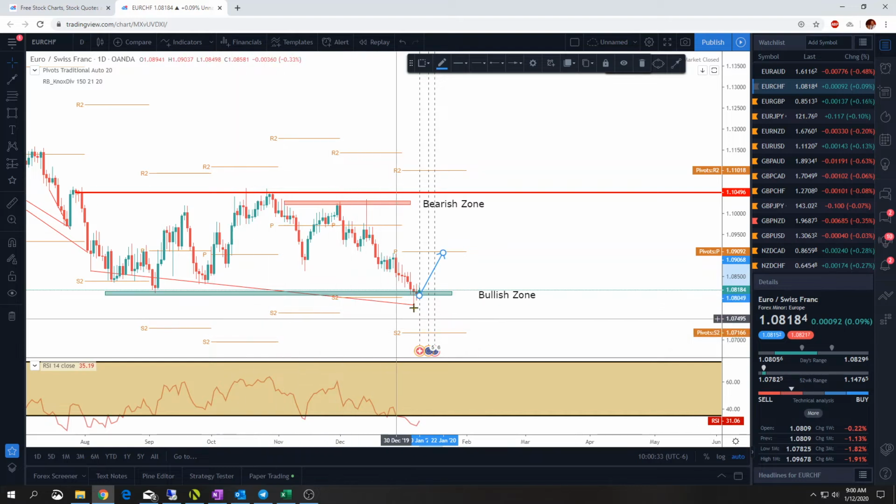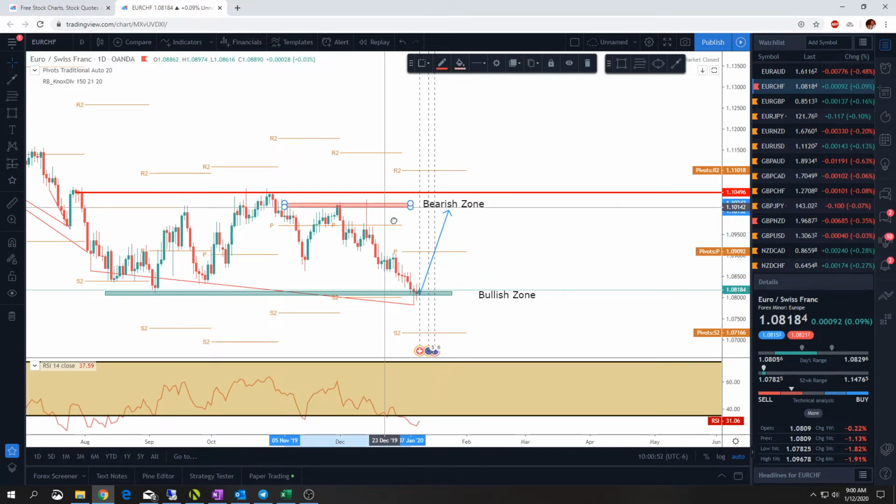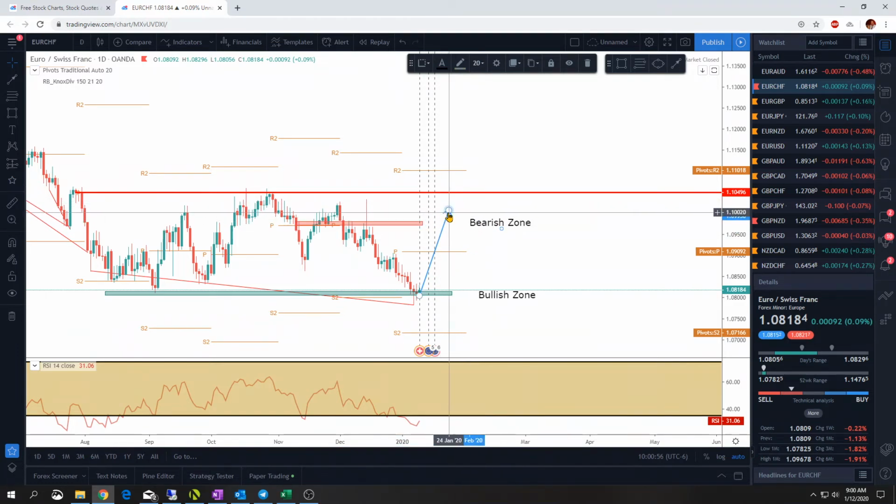So this is a hot trade right out of the gate. We want to look at whether price is going to continue this move up to this pivot. Who knows? We might even get it all the way up to our bearish zone, but I kind of like that as our bearish zone now.